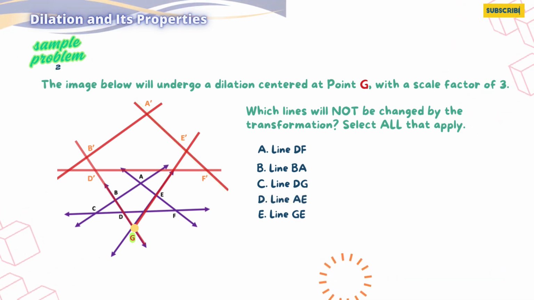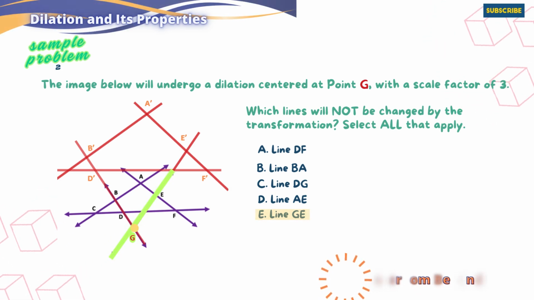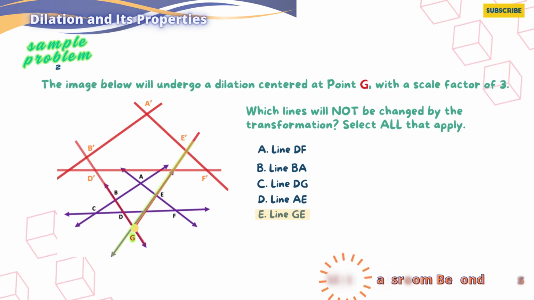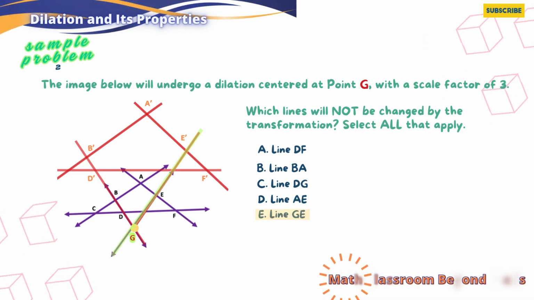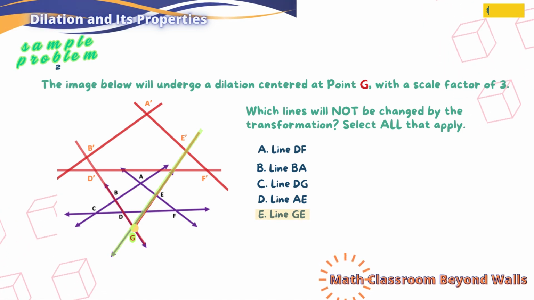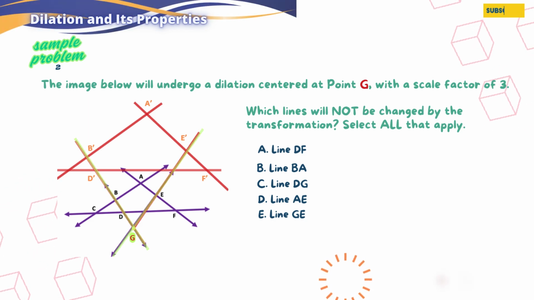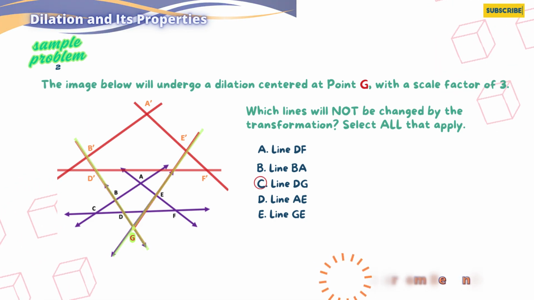Is it line GE? Let us locate line GE. Look at these, learners. Line GE, still the same line. So yes, line GE did not change. So what are our answers here? Okay, so the answers are option C and option E.